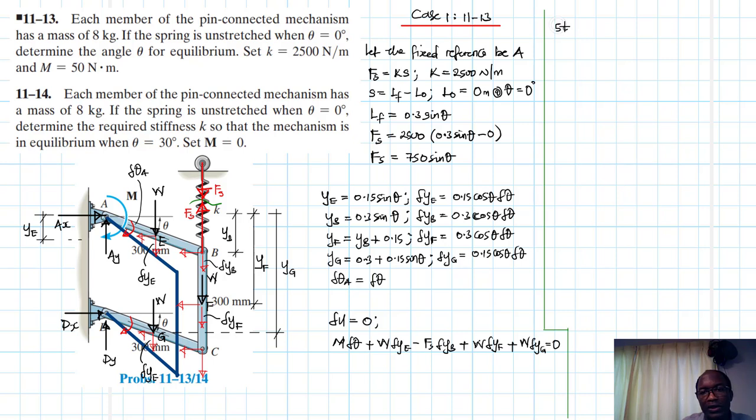So we have 50 times del theta, then plus W. We said W will just be equal to 8 times 9.81, and this gives us 78.48 newtons.